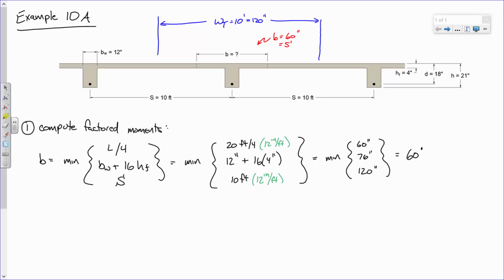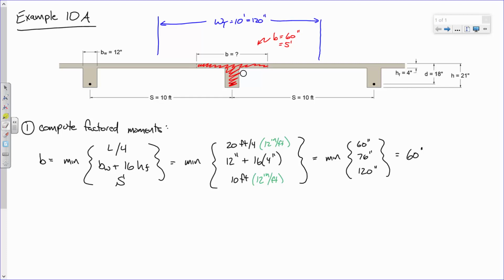So here's what that means. When we're trying to determine how strong this beam is, we consider the 60 inches, the 5 feet, because that's all that's effective in transferring load to that T-beam. In other words, when we're idealizing that as a single T-beam, that width is 5 feet.